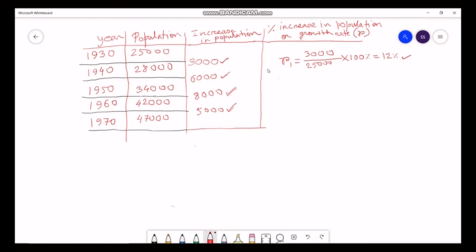The same process we apply, we get R2, that is the growth rate between 1940 and 1950. And how do we get it? We get this by dividing 6,000 by 28,000 and making it a percentage. We get the growth rate between 1940 and 1950 as 21.4%.